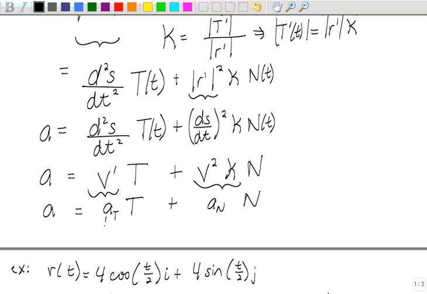This is the tangential component of a, and this is the normal component of a.